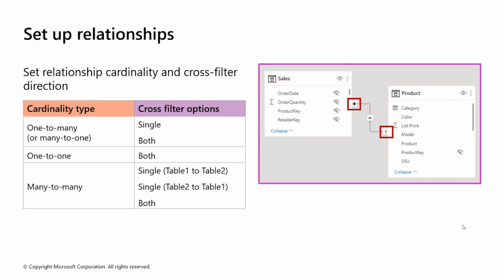And lastly, for a many to many relationship, cross filter direction can be from either one of the tables or from both the tables. So this is also represented in the table which is shown on the presentation. Okay, you can have a look at it.